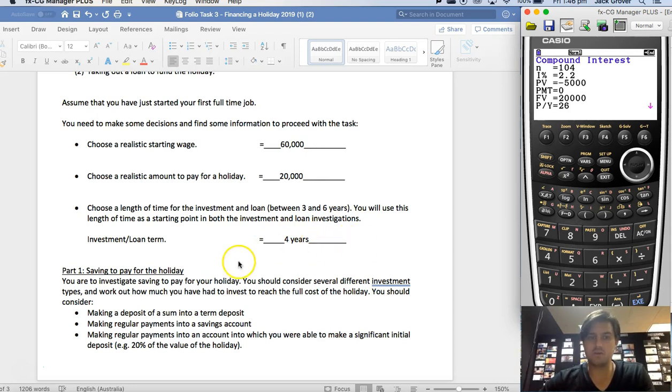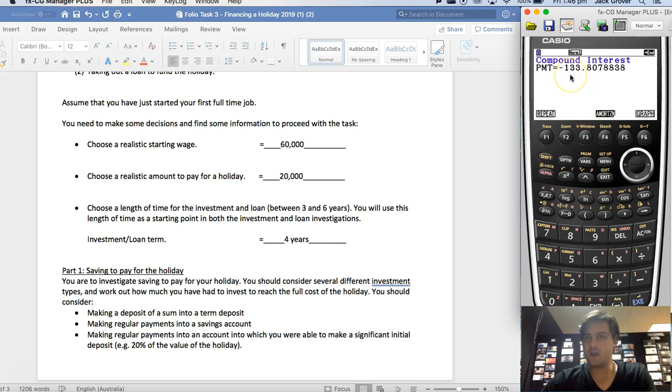Obviously it's not as much as I'd need because we worked that out in the first one. So I'm going to need to make extra repayments throughout this 4-year period. What we can do then is solve for our PMT value and figure out how much per fortnight we need to add in on top of that initial $5,000 to get us up to that $20,000 at the end of the 4-year period.